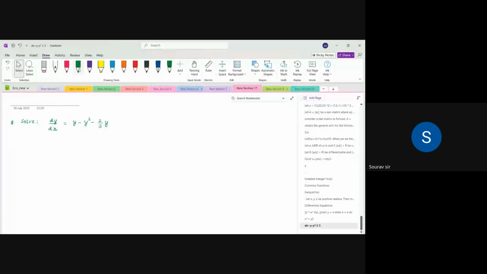So this can be written as dy by dx is equal to 1/3 y minus y square. And if you just rearrange it, dy by dx minus 1/3 y is equal to minus y square.